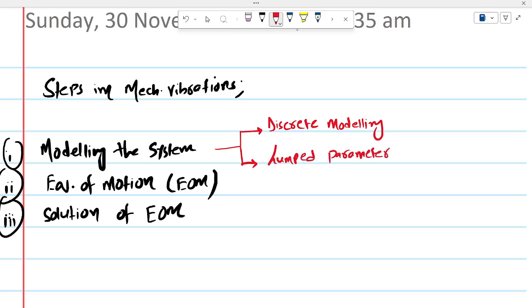I will let you know what it is. And the third one is modeling for a continuous system. Don't get confused: what do we mean by a continuous system?